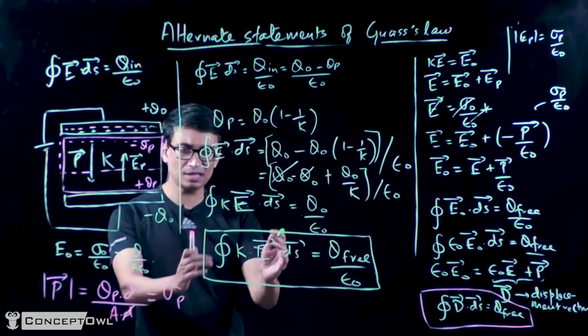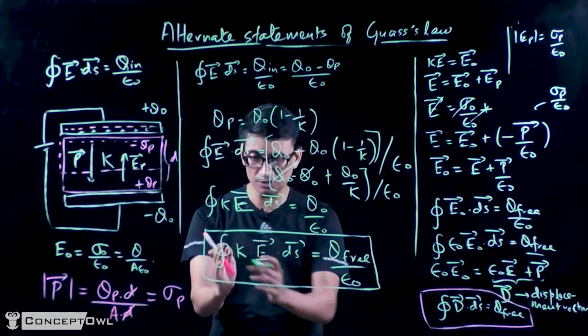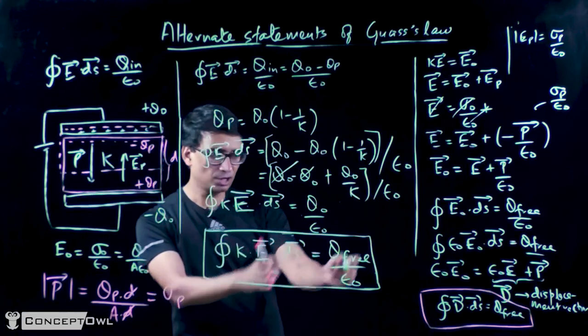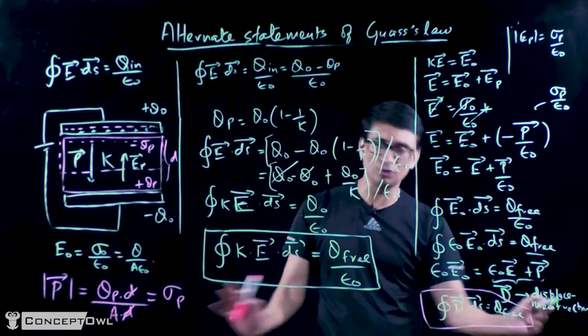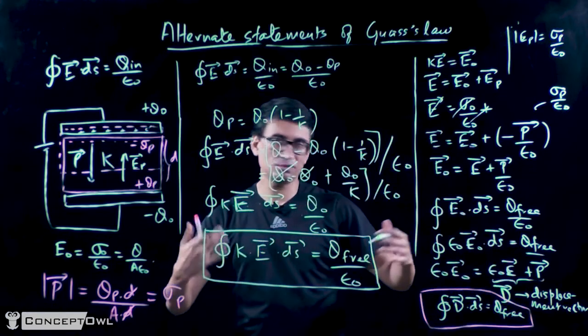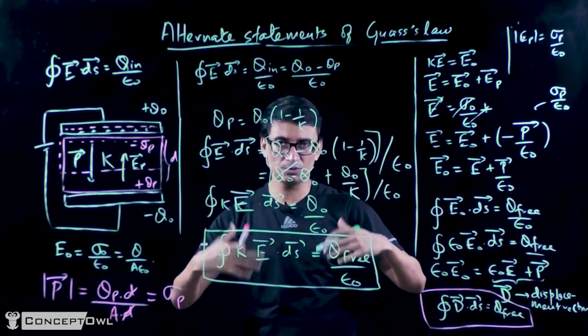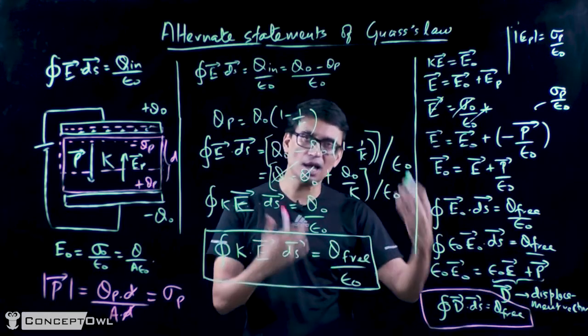This was the original statement, in terms of the free charge: integral KE dot ds is equal to Q free upon epsilon naught, and the second is integral D dot ds is equal to Q free. So these are some of the statements that you'll be using. Some of them you'll be using immediately, and some of these have applications in higher physics. Thank you.